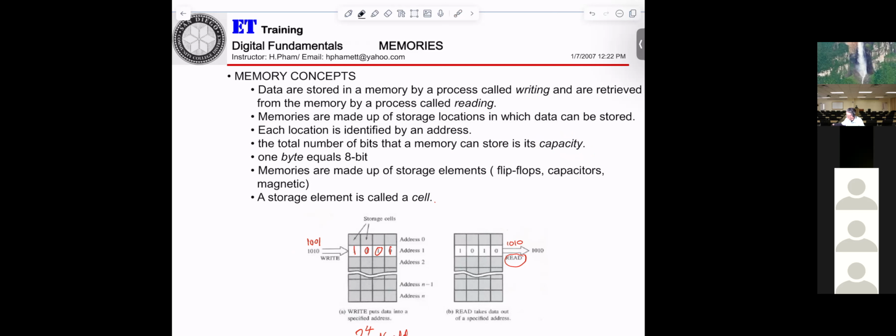When they're talking about capacity, that means telling you the total, how many bits. And also, when they say 1 byte, you have to know it's equivalent to 8 bit. Okay?